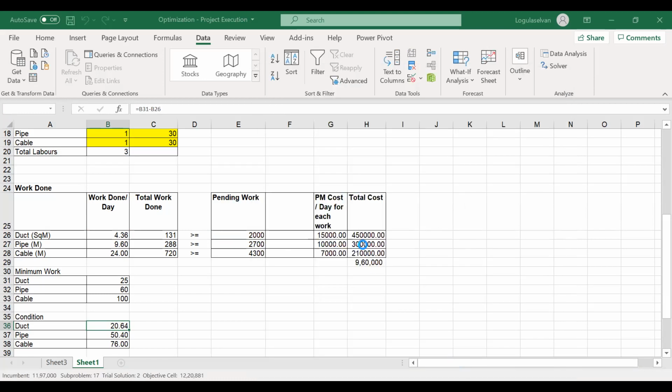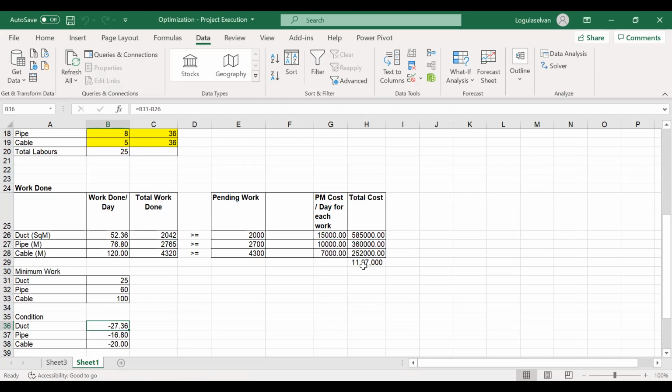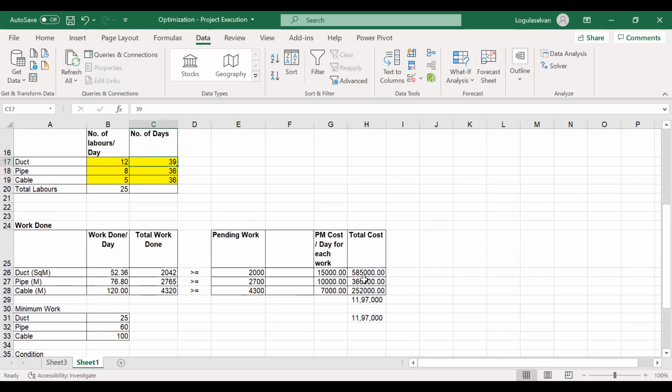Now I am clicking solve. So I am getting a solution which is something around 11,97,000 as my project expense if I'm working with 25 labors, and the maximum days to complete this job will be 39 days.